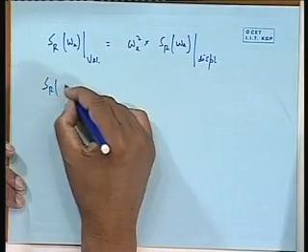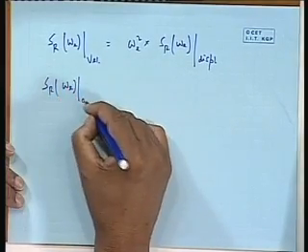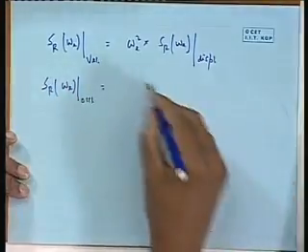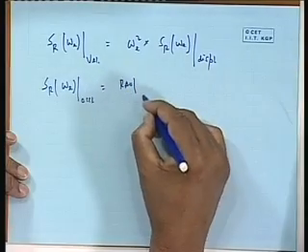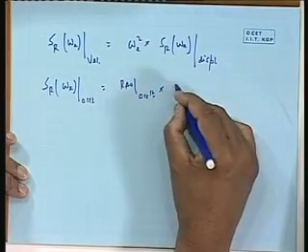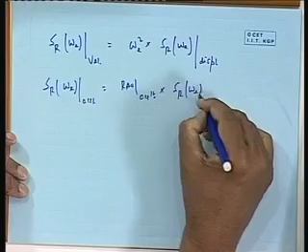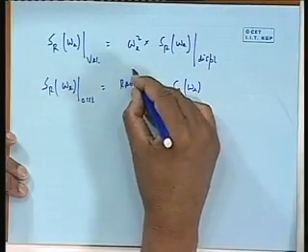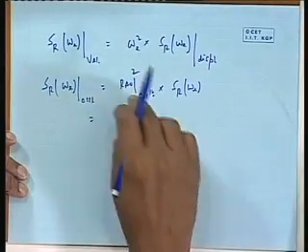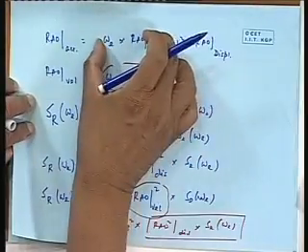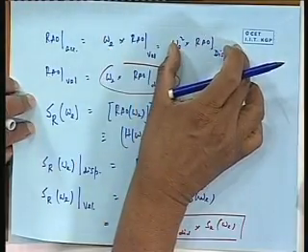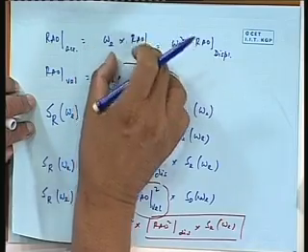Now by the same token, SR omega e acceleration will be RAO for acceleration square into SR omega e. If you go back, there are two steps. This one is the square of this, so it is omega e square RAO velocity.